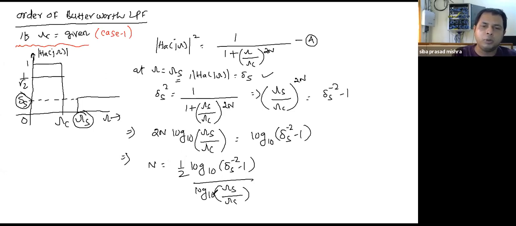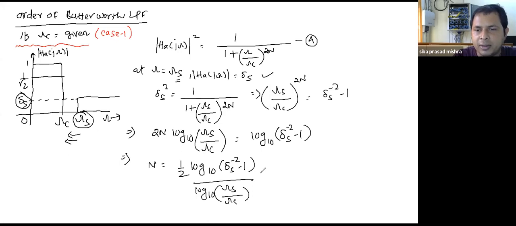Now you all know that you want the order of the filter to be high. When the order of the filter is high, then this practical low pass filter will approach the ideal low pass filter, that is, the stop band frequency is shifted to the left hand side. If you find this value, you cannot get an integer value, you will get a decimal value. So we always take n as an integer value.